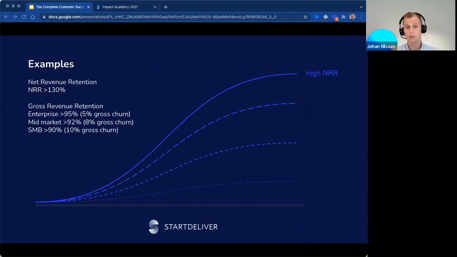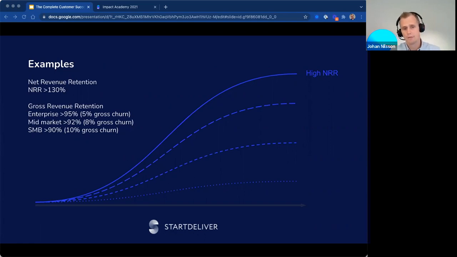And if you have a positive NRR, that means that without new customers, your company will keep growing year after year. And that's quite significant. If you have really high NRR, like 130%, you will more than double within 3 years without new customers coming in. That's the huge impact a high NRR score has on revenue.